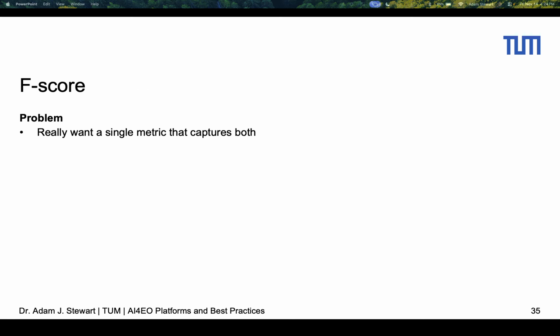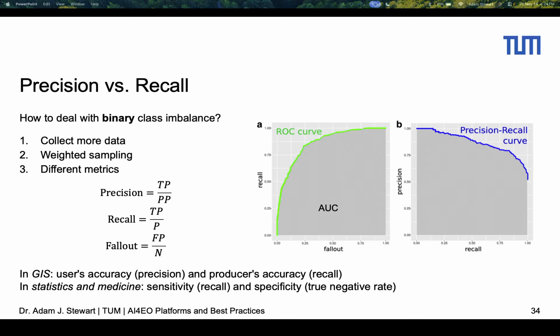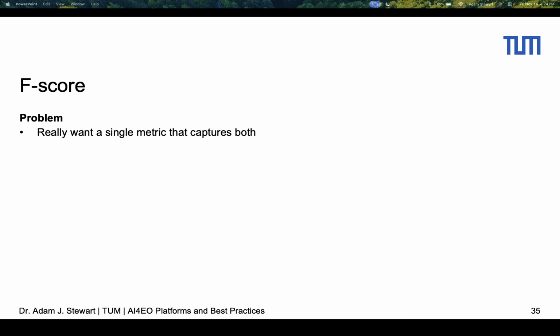Okay, so we saw precision and recall, and we said both of these are useful for different things. If I predict positive, how likely is it to be positive? If it is positive, how likely am I to predict positive? Those are two very different numbers. What if we want a single metric that captures both of these things? This is where F-scores come in.